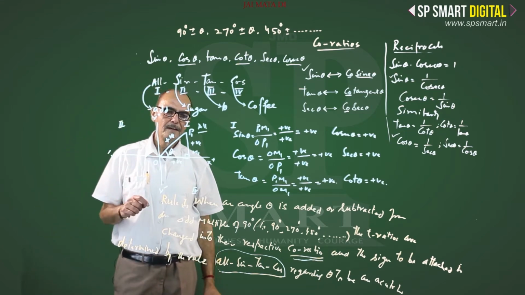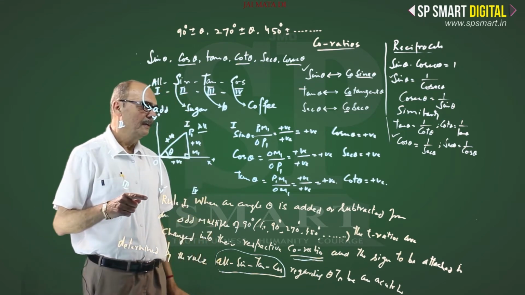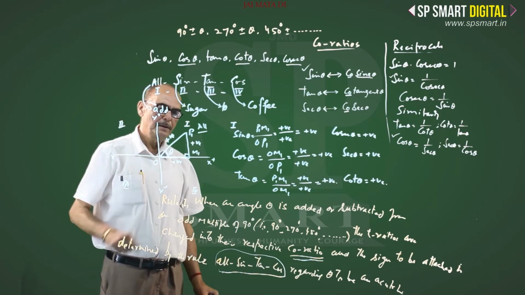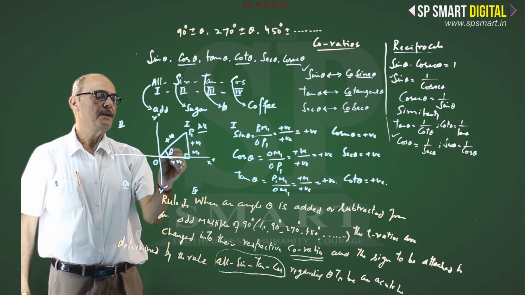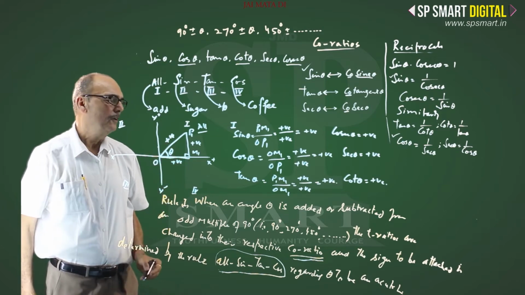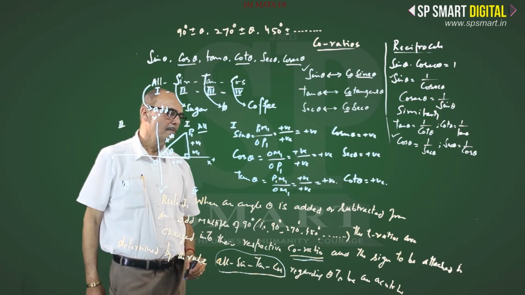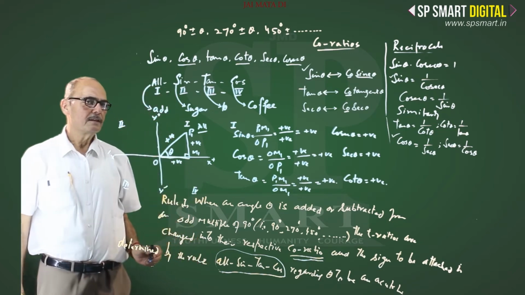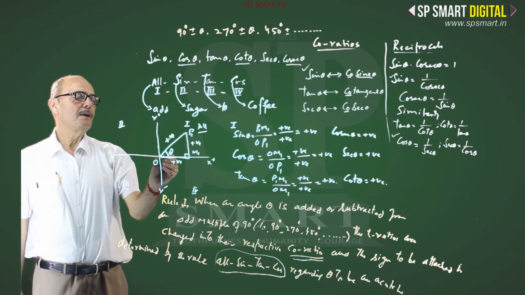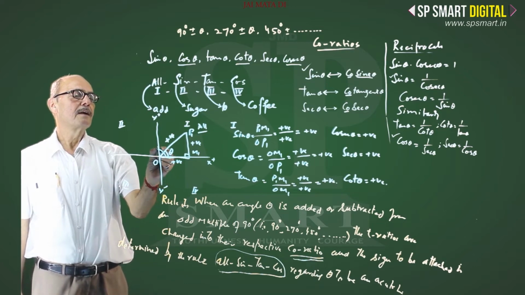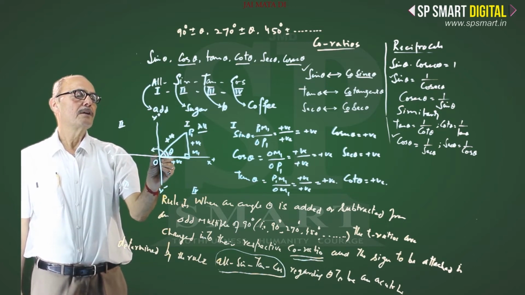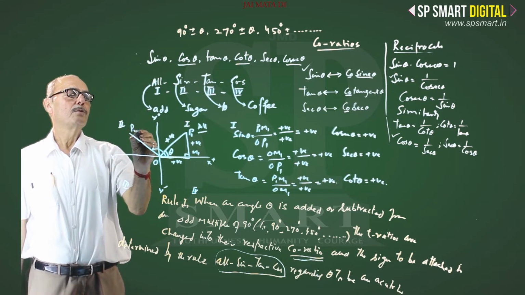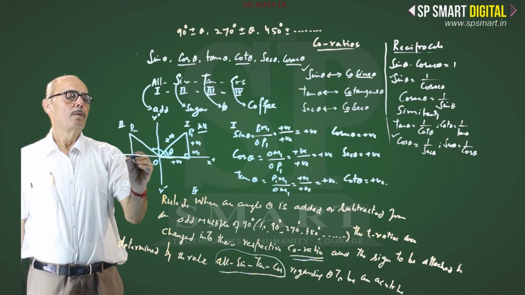When we say the first quadrant, that means any angle lying between 0 and 90 degrees will have the trigonometric ratios as positive. Then we move to the second quadrant. In the second quadrant the angle is like this. Now the revolving line OP2 upon M2.